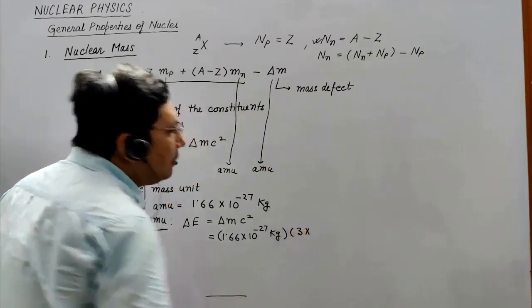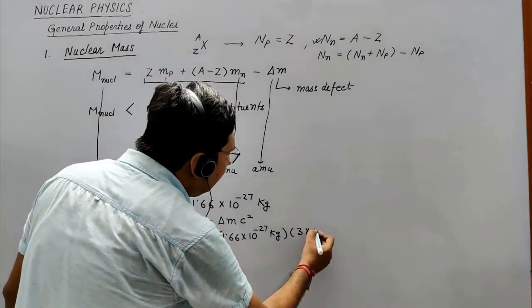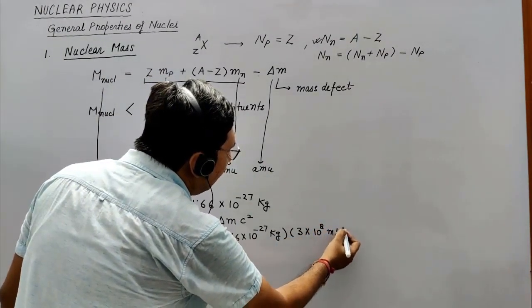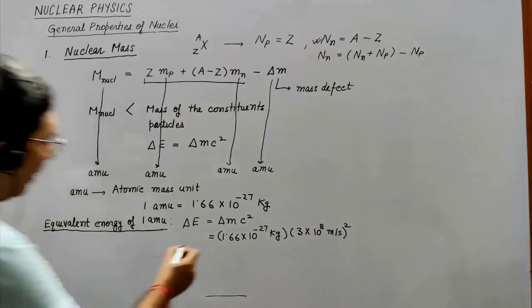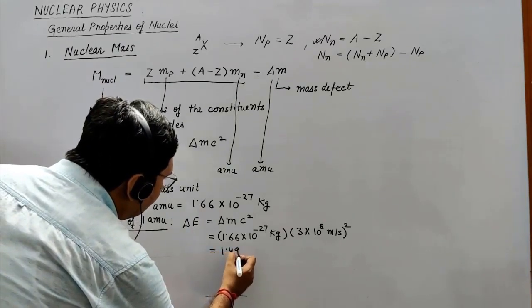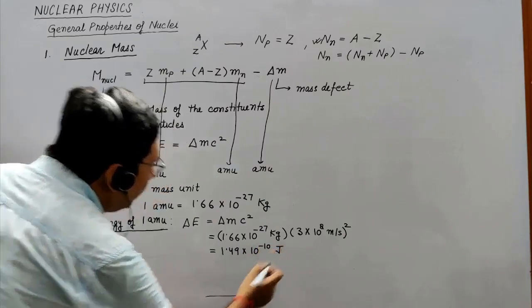What is c? c is the speed of light, equal to 3 into 10 to the power 8 meter per second. We are calculating in SI units. Multiplying, this gives 1.49 into 10 to the power minus 10 joule.